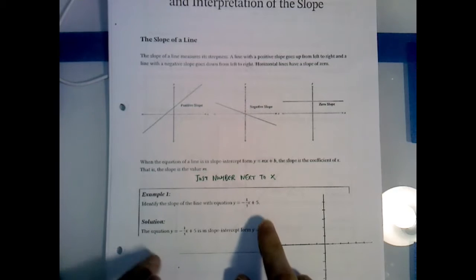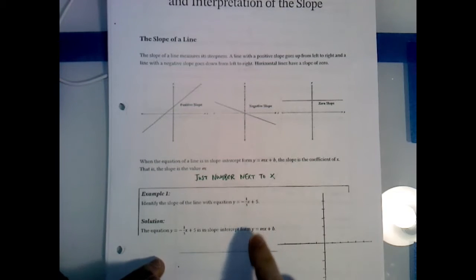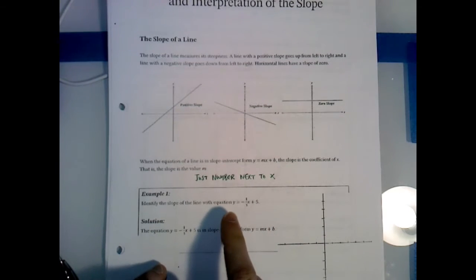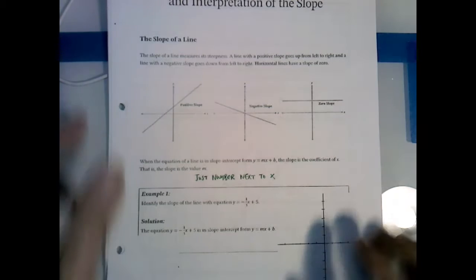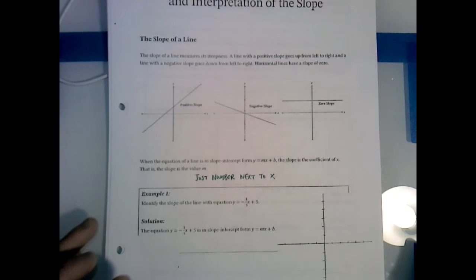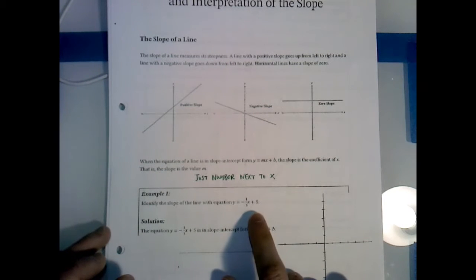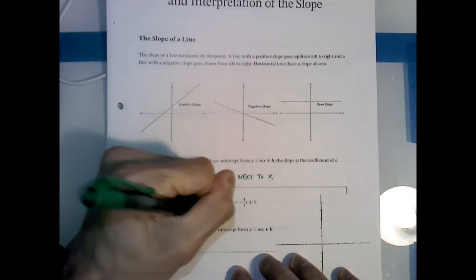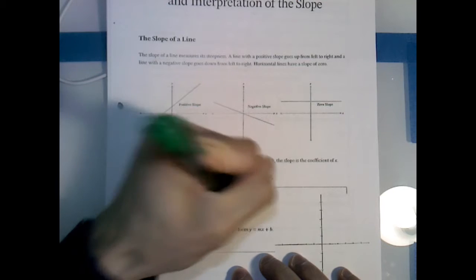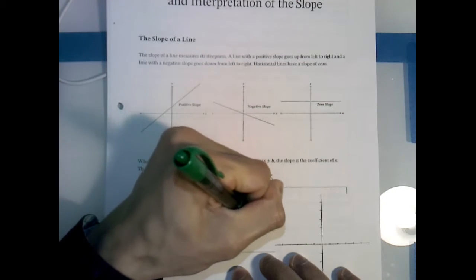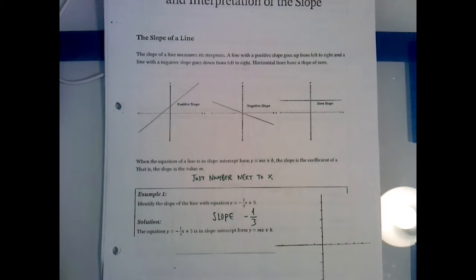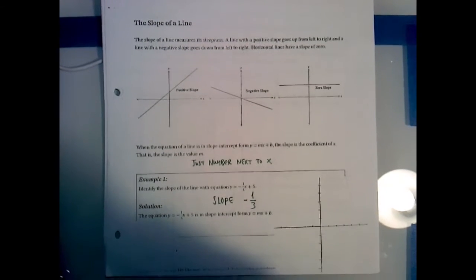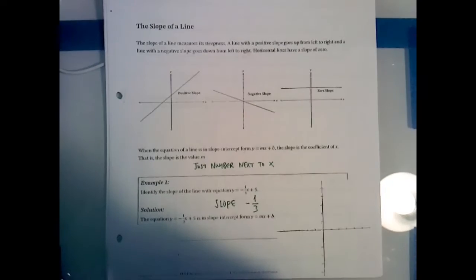For example, in example 1, identify the slope of the line with equation y equals negative 1/3 x plus 5. The slope is negative 1/3. So the slope here is negative 1/3. I'm going to try to adjust the autofocus here.